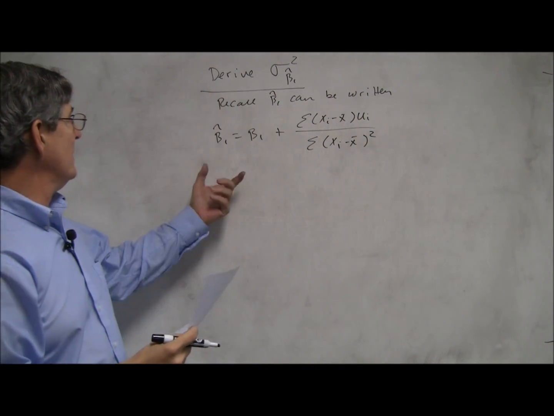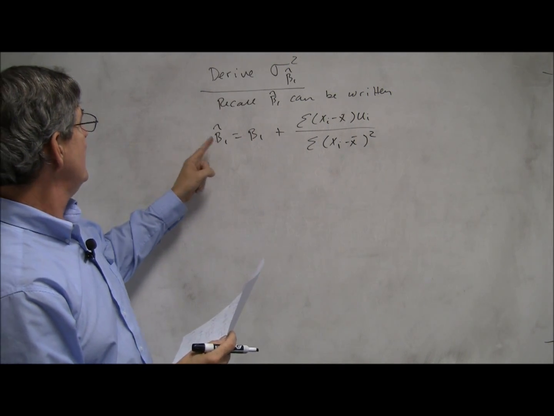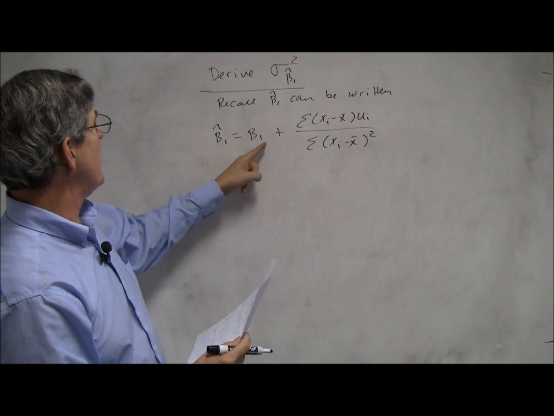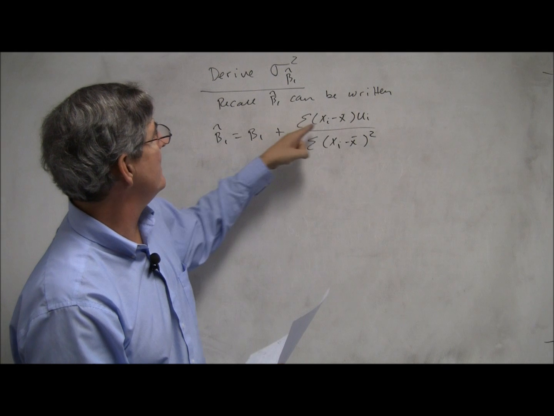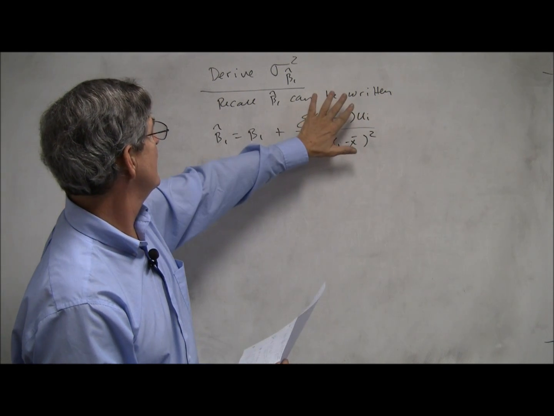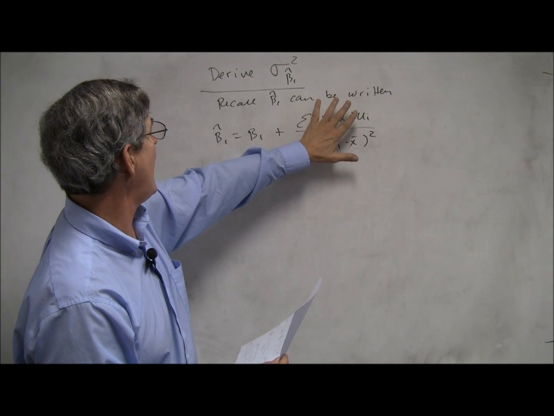We use this to show that it was unbiased. You took the expectation: the expected value of beta 1 hat is beta 1 plus the expected value of this. And as long as those are uncorrelated, that has a 0 expectation. So the expected value of beta 1 hat is beta 1.